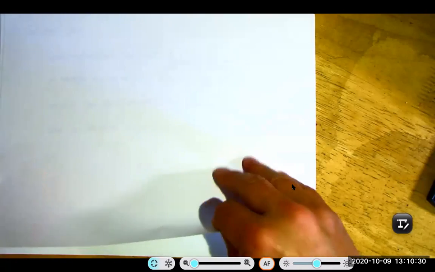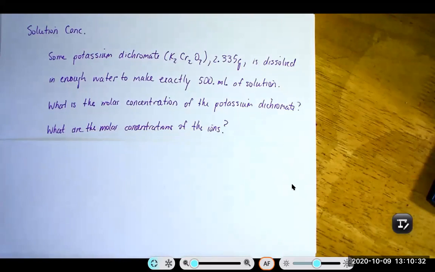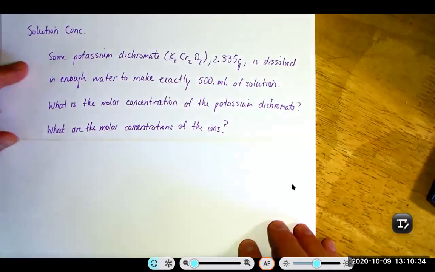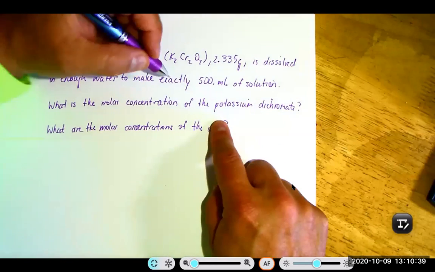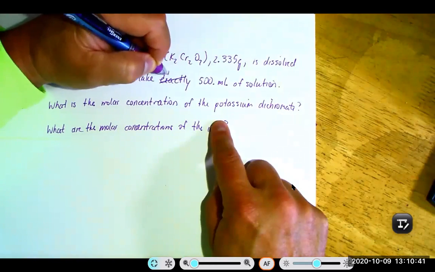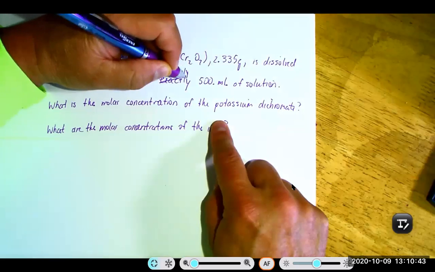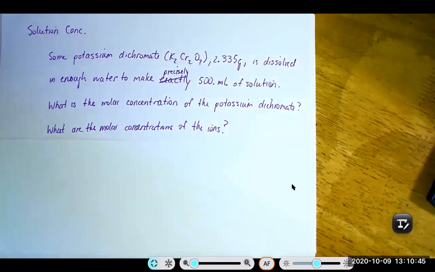Okay, that being said, here you have some potassium dichromate dissolved in enough water to make exactly, I don't like this word, I think it should be precisely, because nothing can be measured exactly. Exactly means you know all the numbers. So if this were 500.00000 forever, that'd be exact. But you can never measure anything exactly.